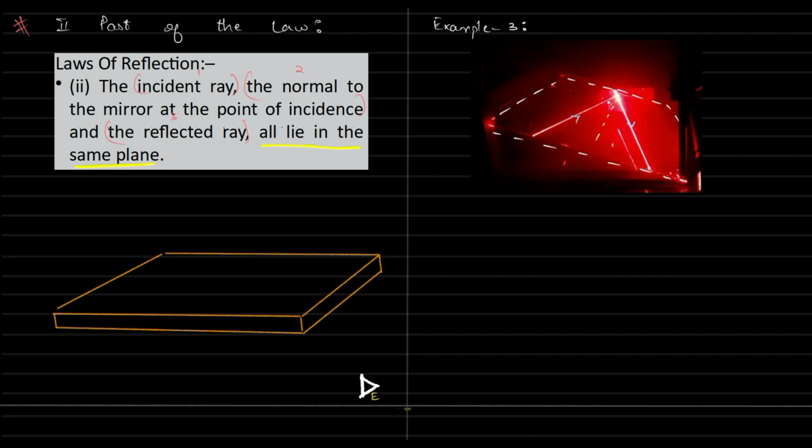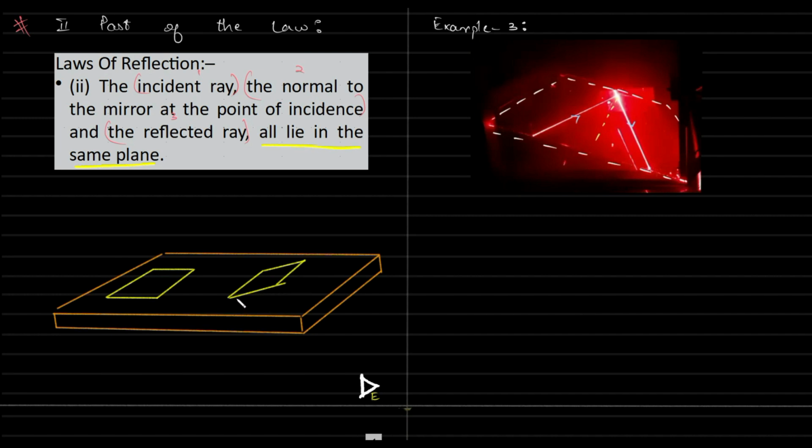What does this mean? Well, to make you understand this, I'll take a flat table, and on this I want to place a hard cardboard, which too is flat. I can place it this way, or I can place the cardboard making an angle.